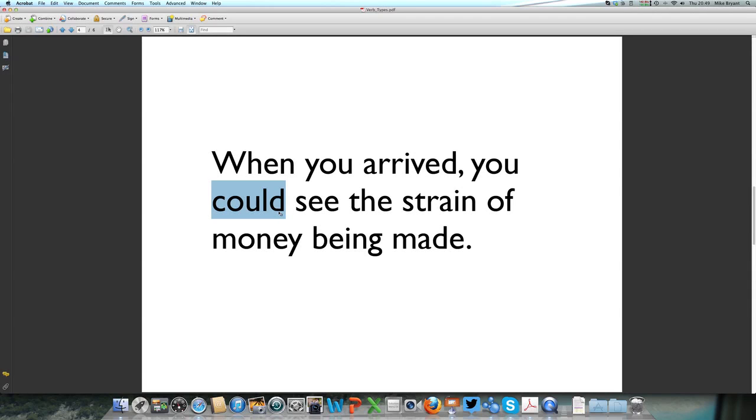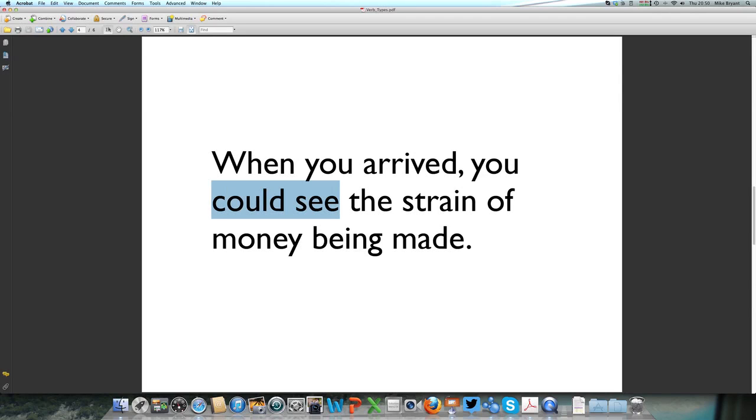You can see that if the writer had said "might have seen," that would be a different idea to "could see." It's expressing the idea that sometimes when visitors came to the city, they could see just how much the industrial nature of the place had influenced its development.